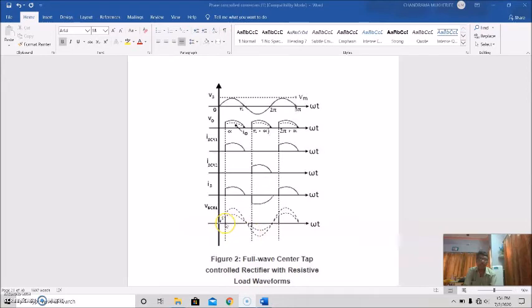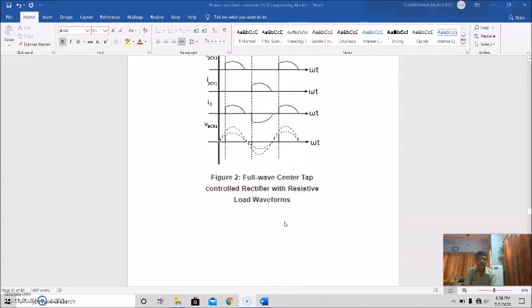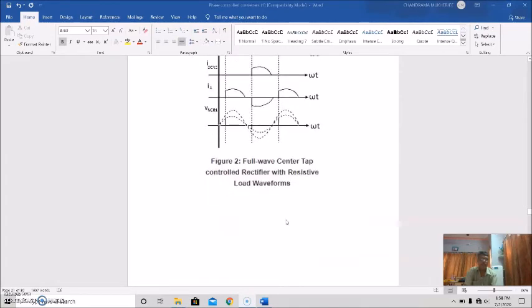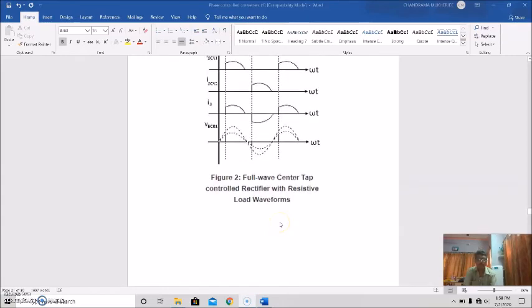Clear? So this is the full wave center tap controlled rectifier with resistive load and waveforms.